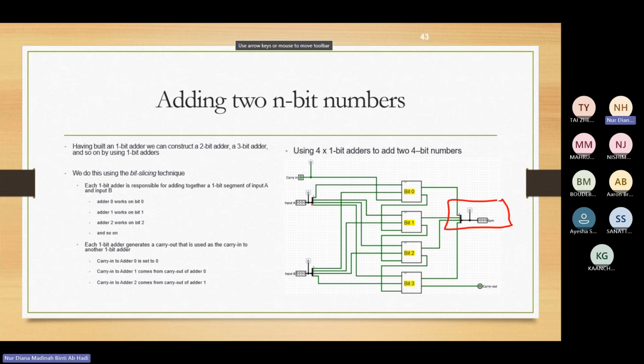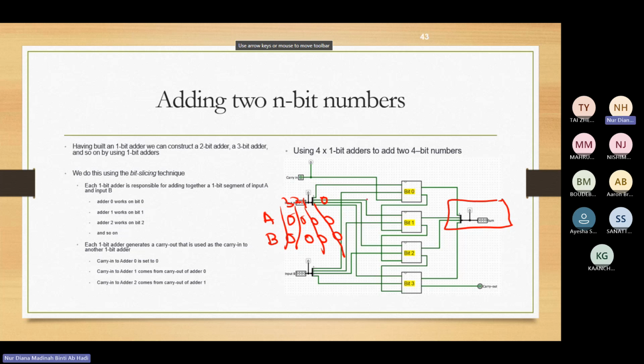For example, we have 0, 0, 0, 0 as input A and 0, 0, 0, 0 as input B. We do the bit slicing and separate them into single bits. That's why we have bit 0, bit 1, bit 2, and bit 3.